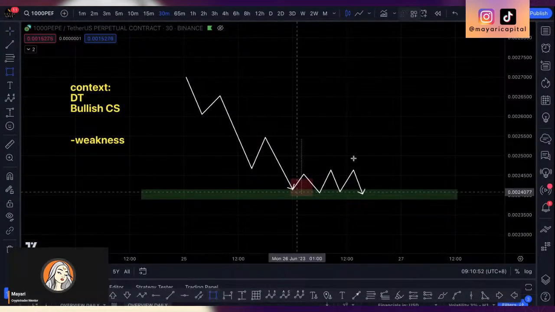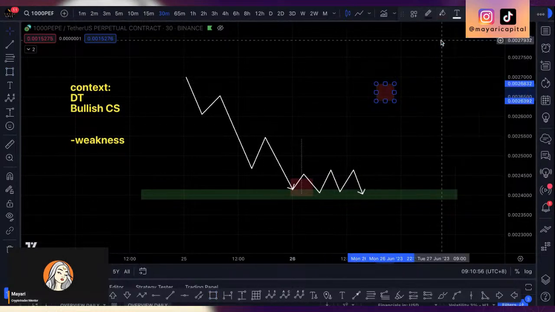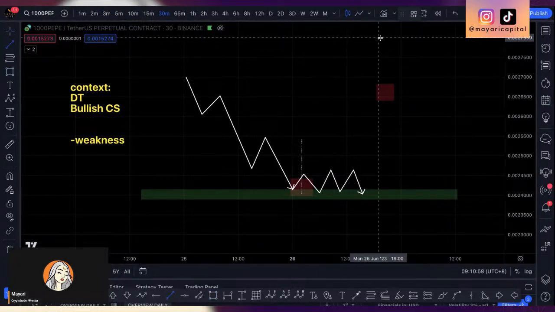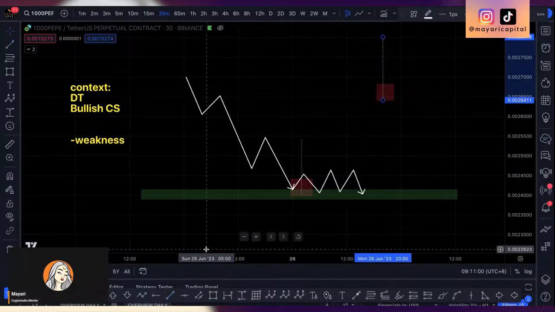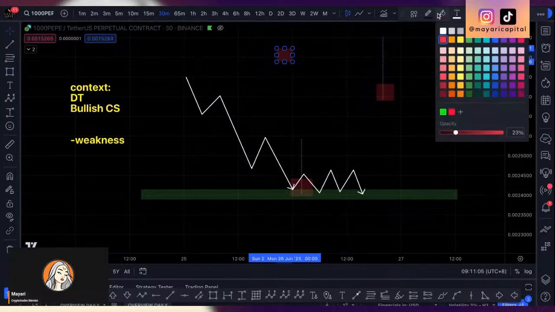So the standard bearish pin bar looks like this. Okay? And then the standard bullish pin bar looks like this.